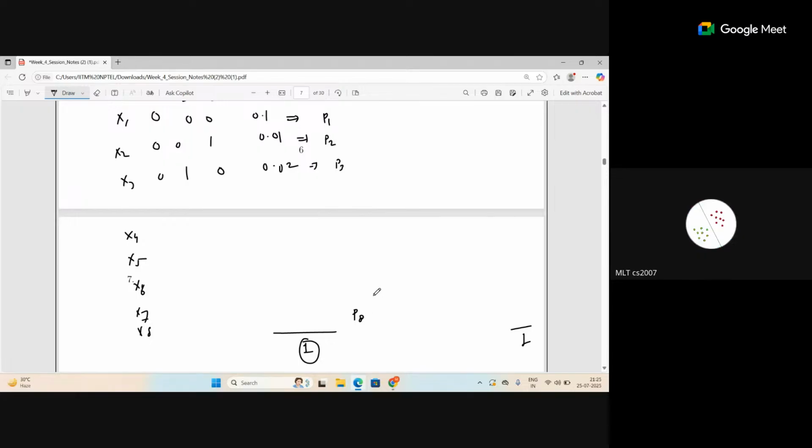P8. But I know that P1 plus P2 plus P3 up to P8 is equal to 1. So if I estimate these parameters up to P7, can I get the estimator for P8? Yes. And how will I get it? Because I know this relation holds, I can find P8 equal to 1 minus the sum of the others.